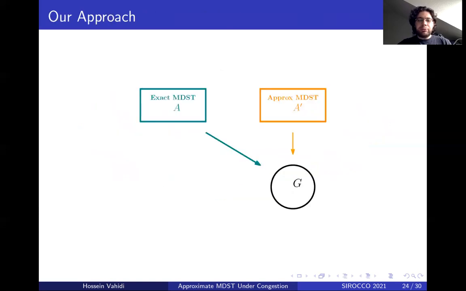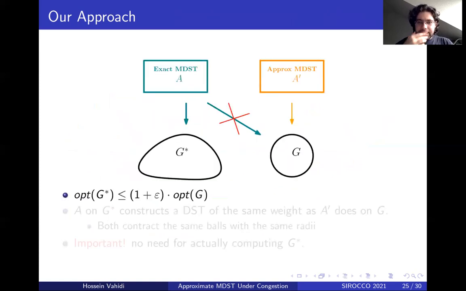So what's our approach here? Instead of running both exact and approximate algorithms on the graph G, we are going to modify G and get G star, in a way that our approximate MDST on G computes exactly the same tree as A does on G star.